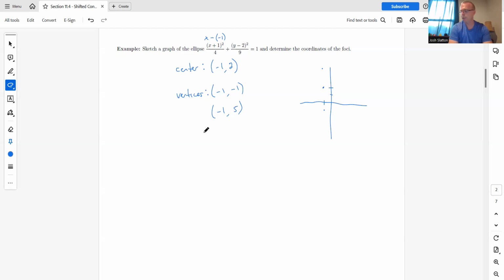So then the focus points, recall the focus points are using c squared, which is a squared minus b squared. So 9 minus 4, so c squared is going to be 5, which means that c is square root of 5.